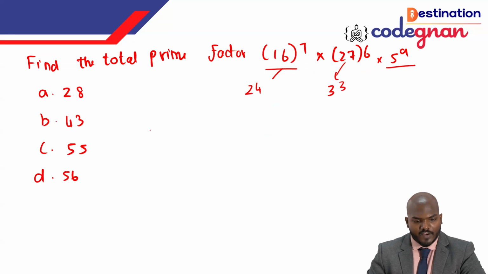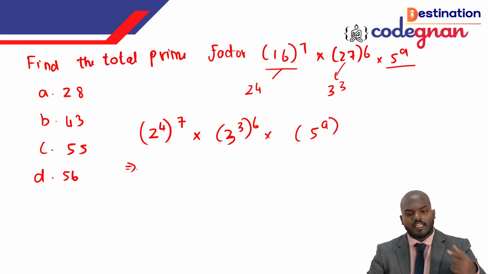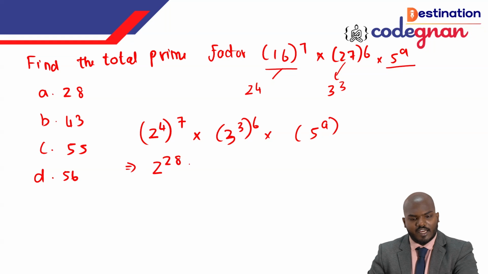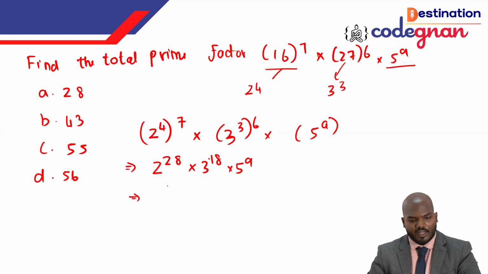If I take this value, 2 power 4 of 7, 3 cube power 6, and 5 power 9. Now I'm multiplying the values: 2 power 28 on one side, 3 power 18 on one side, and 5 power 9 on one side. What you need to do? You just want to take all the values. That's it.